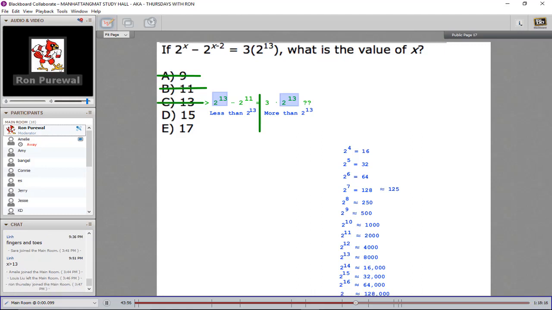So if you try to plug in choices D and E, 3 times 2 to the 13th is 3 times approximately 8,000. So this is about 24,000. Choice E is 2 to the 17th minus 2 to the 15th.